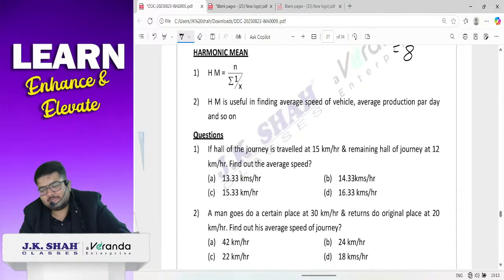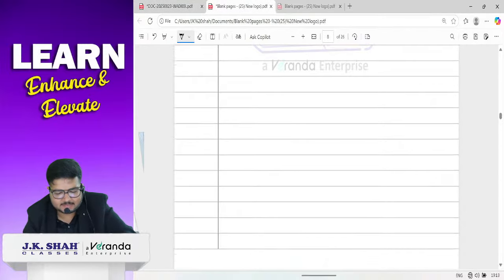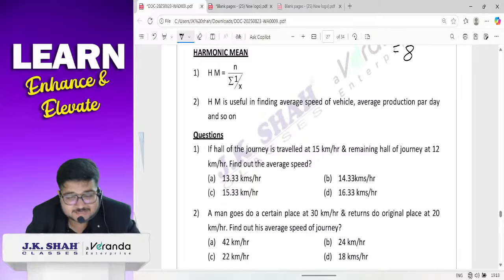Let us move to the next topic, that is harmonic mean. Sir, now for harmonic mean you have to find some keywords. There are keywords similar to geometric mean, right?